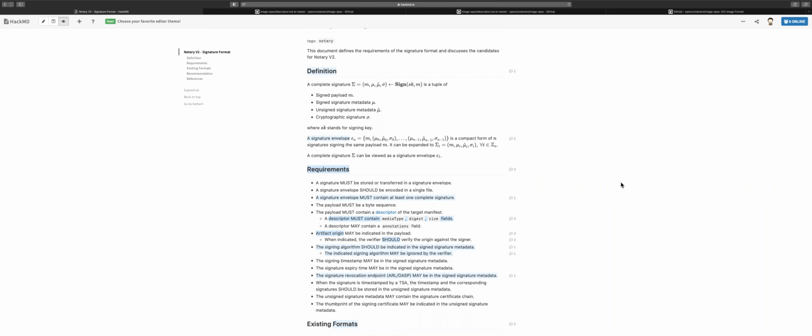So the artifact origin is talking about either the registry or the repository, I think the repository URL. We may need an example there. My question was that we probably don't even have that when signing occurs on the client side.